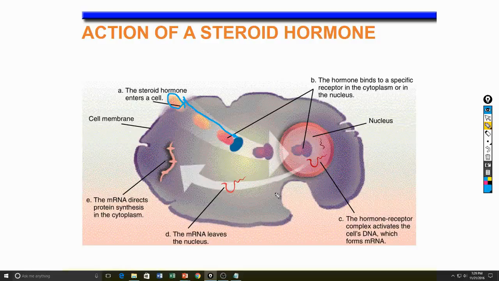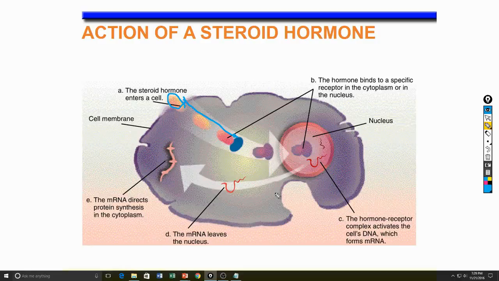When a steroid hormone is accepted into a cell and binds with a receptor, the hormone plus the receptor go directly to the nucleus, and from there it stimulates some sort of gene expression. So there's some mRNA that's released, and mRNA goes through the process of translation, and we get proteins that are created.